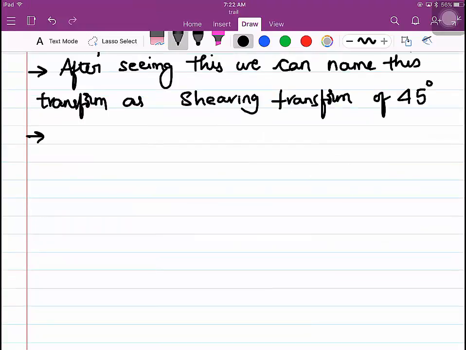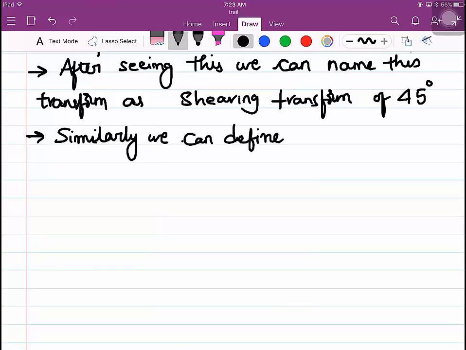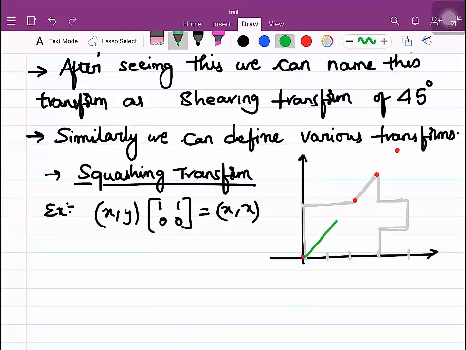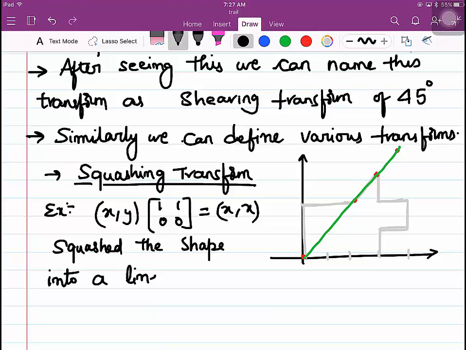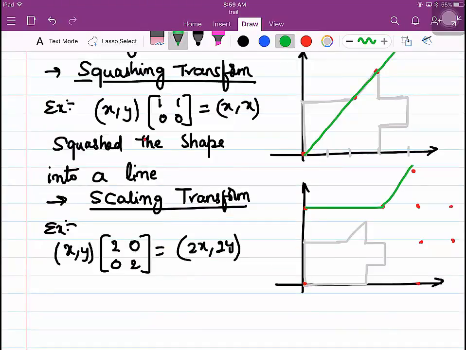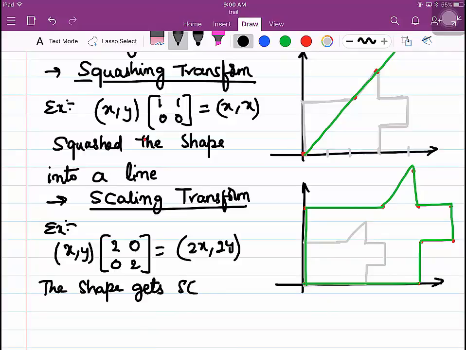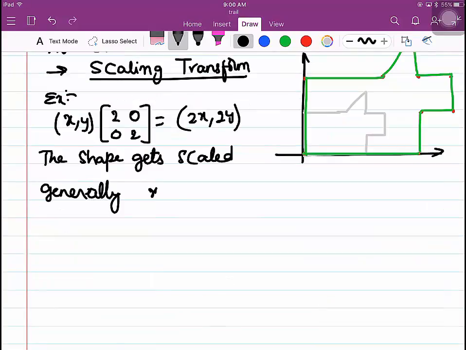Similarly, based on the type of transformation they do to the given object, we name them differently. We can define the squashing transform, which transforms the given shape entirely to a single line, and you can verify this. And the scaling transform, which magnifies or diminishes based on the scaling factor we define in the transformation matrix.